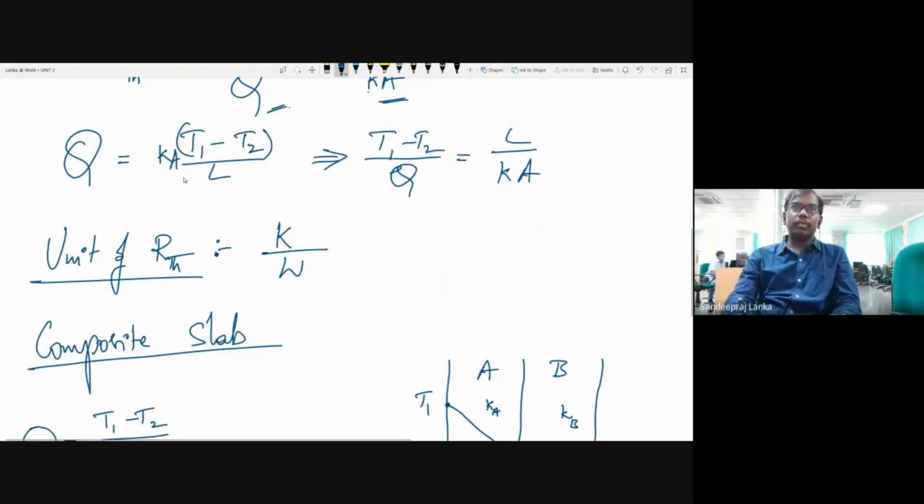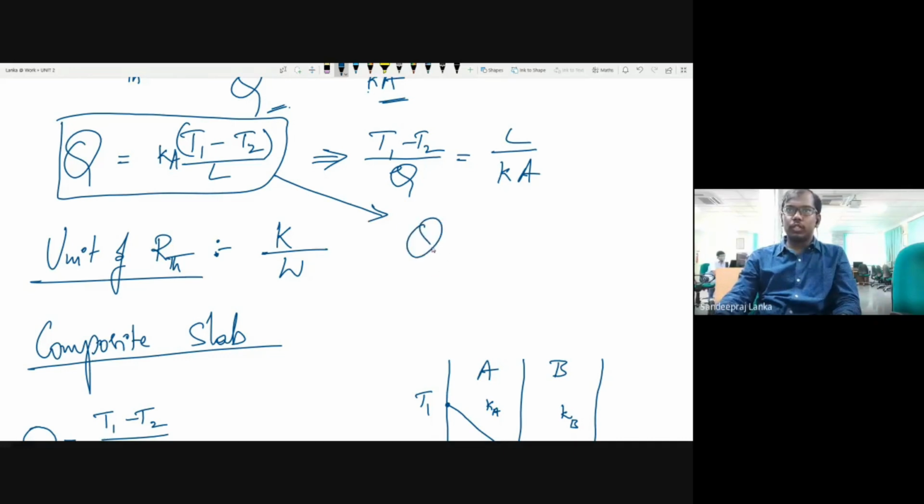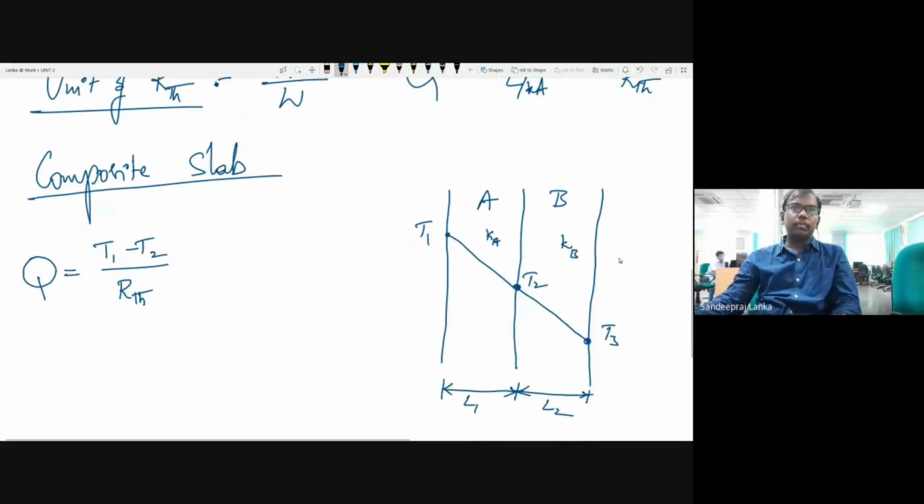See, if you take this expression, Q is equal to T1 minus T2 by L by Ka. That is equal to T1 minus T2 by RTH. L by Ka is nothing but RTH. So simply, RTH is equal to T1 minus T2 by Q. Anyways, the same thing you will have.